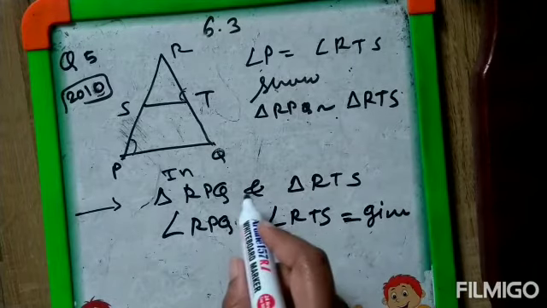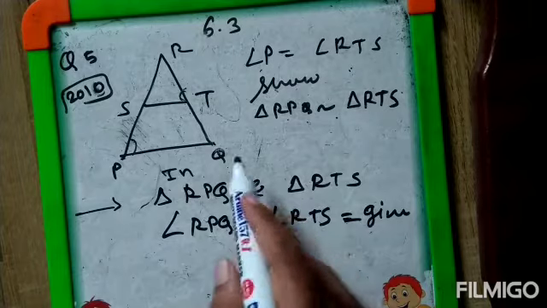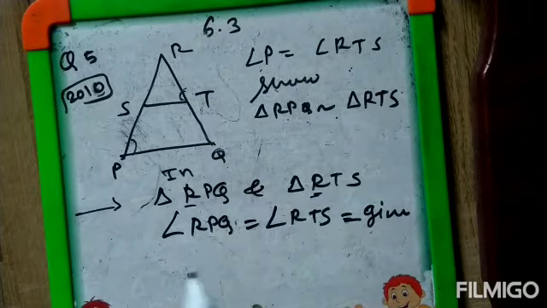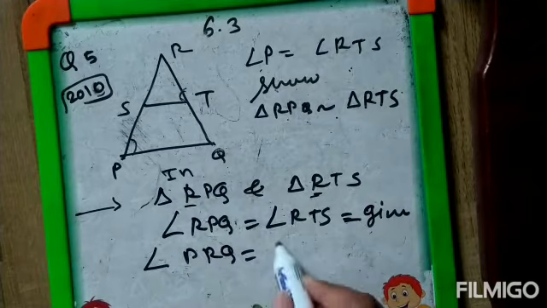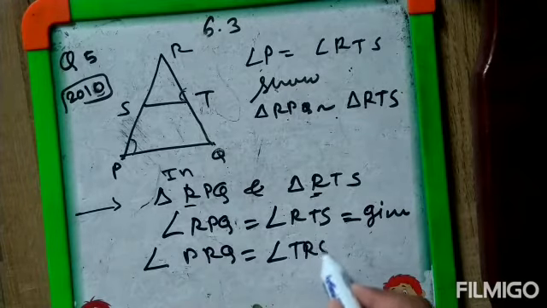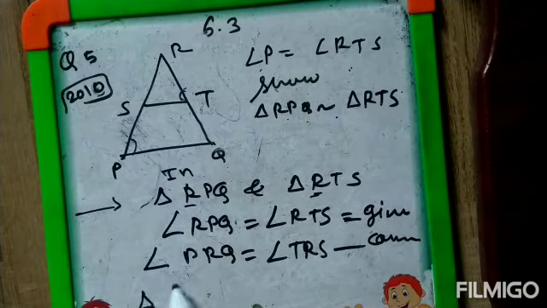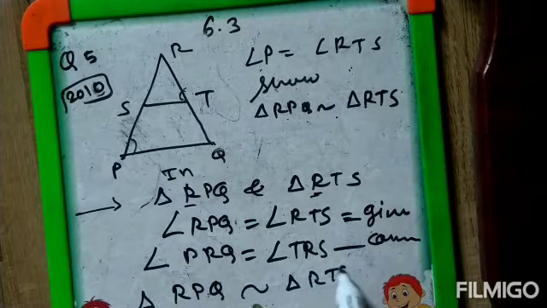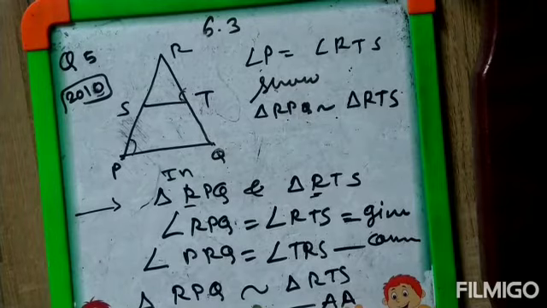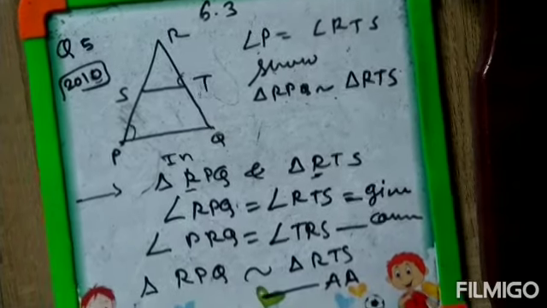Now you can see angle R is common in both triangles. Angle PRQ is equal to angle TRS, which is the common angle. So we can write triangle RPQ is similar to triangle RTS by AA similarity criteria.